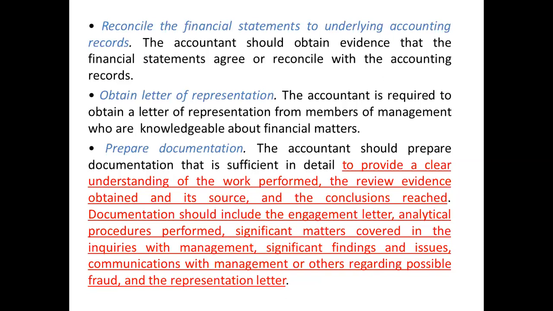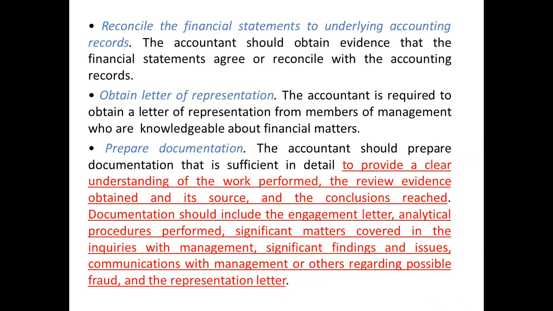The next requirement: obtain a letter of representation. The accountant is also required to obtain a letter of representation from members of management who are knowledgeable about financial matters. So the auditor will receive that letter from knowledgeable personnel in the company.